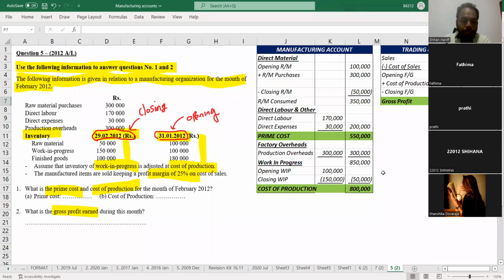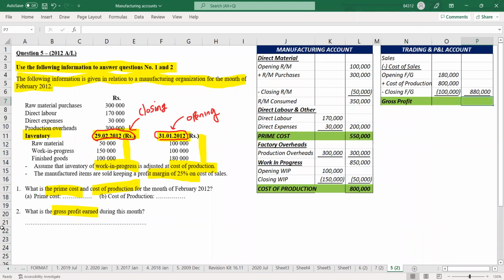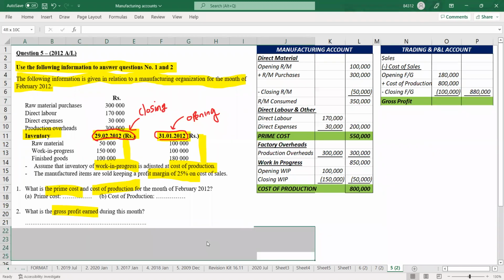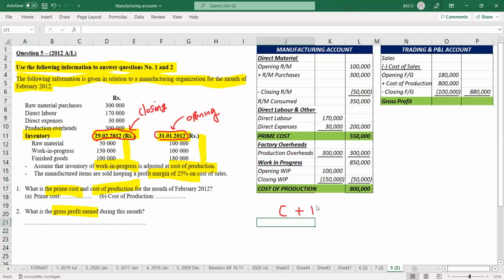So let's try to understand what this profit margin is. Cost plus profit is equal to selling price. That is a normal equation.